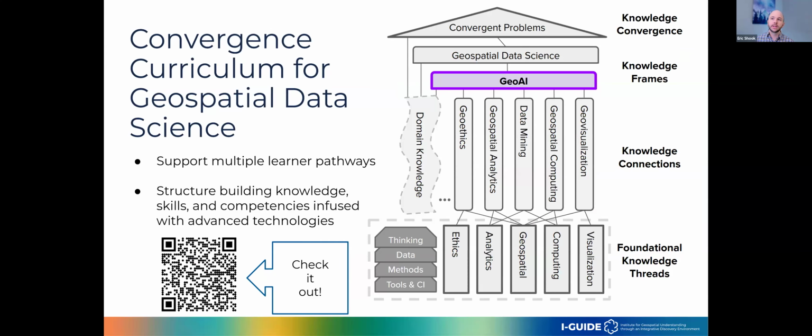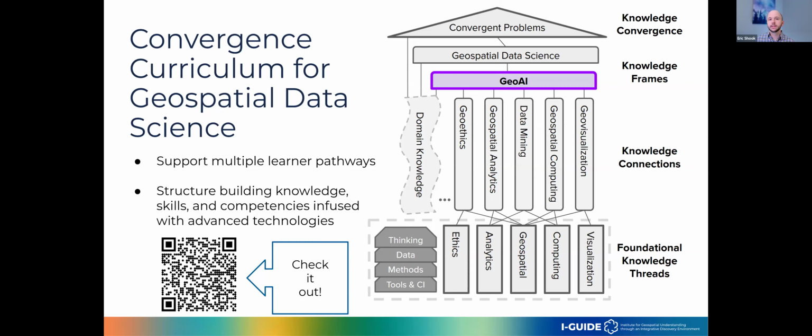I also led the development of what we call the convergence curriculum for geospatial data science, which is part of the big NSF funded I-GUIDE project. This is a multi-year, multi-person collaborative curriculum building process, starting with listening sessions across multiple scientific domains, an iterative process for building, and the design of this curriculum is to support what we call multiple learner pathways.